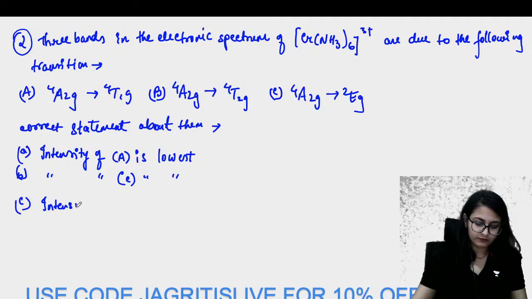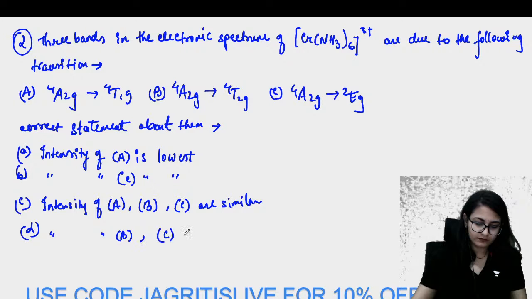C, intensity of A, B and C are similar. And D, the intensity of B and C are similar. So out of A, B, C and D, which one is correct?